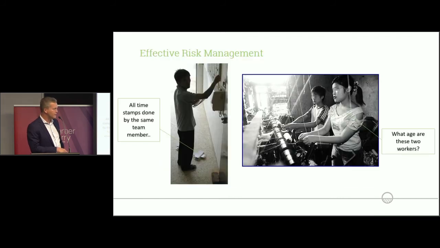Over here on the right, clearly these 2 kids, they are too young to work. How old they are, I can't remember, but I don't think they're above 16. And 16 is the age for young workers in China. So clearly they're non-compliant on that front as well.